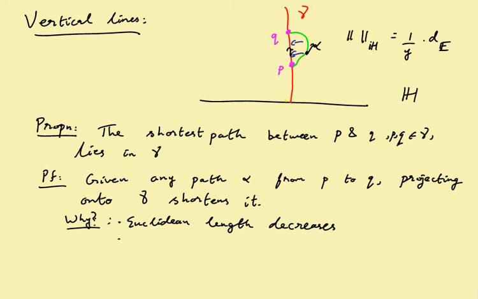The hyperbolic norm is 1 over y times the Euclidean norm. The scaling factor is unchanged. This is because we projected onto a vertical line, and so it is unchanged. Well, this is because it's independent of x.